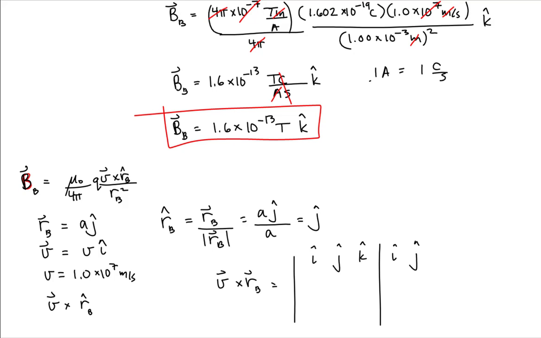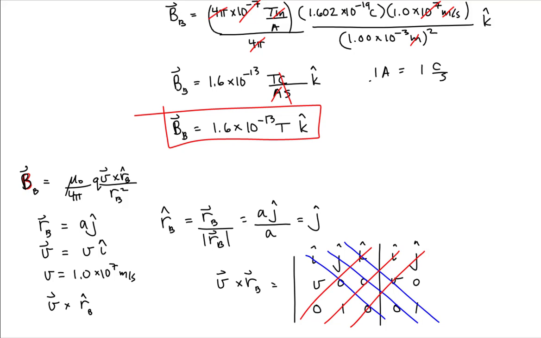So the second row will correspond to the components of velocity. The third row will correspond to the components of our unit vector. And we are going to take the set of diagonals, i hat, j hat, and k hat, and subtract from the other direction, k hat, i hat, and j hat.